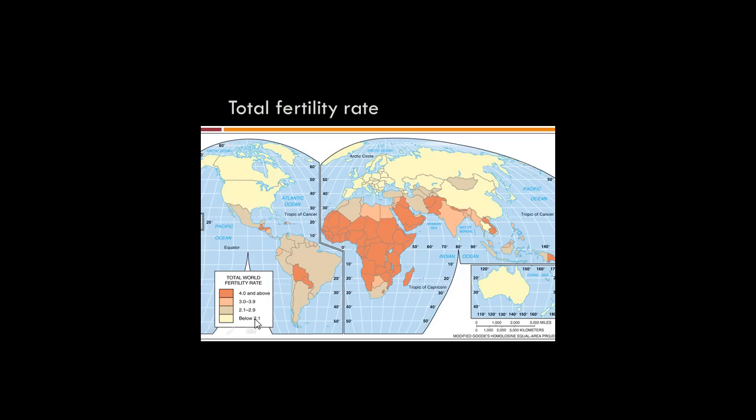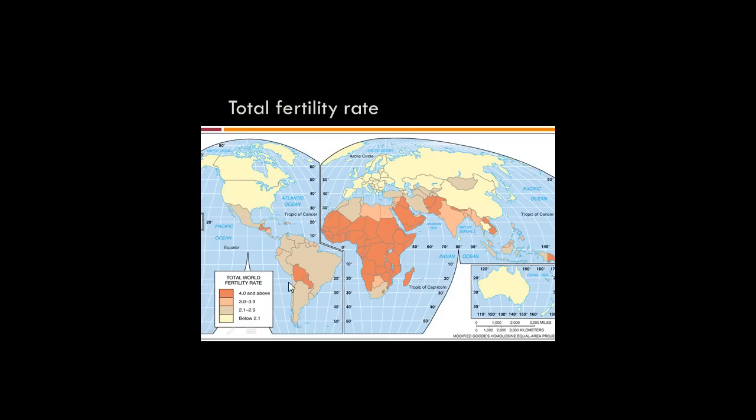In other words, if you go below 2.1, inevitably over time the population is going to shrink. You move into what's called negative population growth. You have a negative RNI when the total fertility rate drops below 2.1. So keep in mind that 2.1 is a really critical marker or threshold with regard to the total fertility rate.